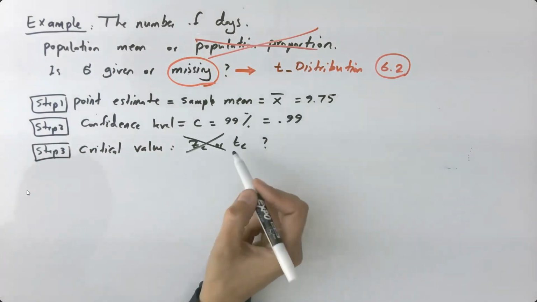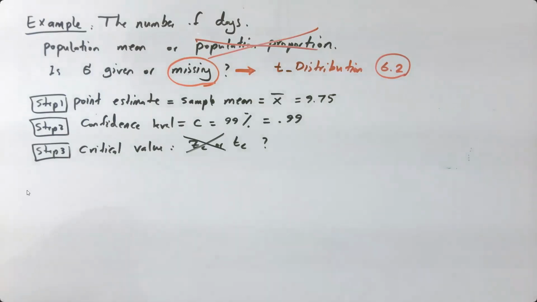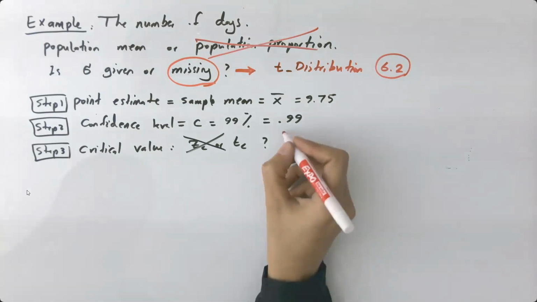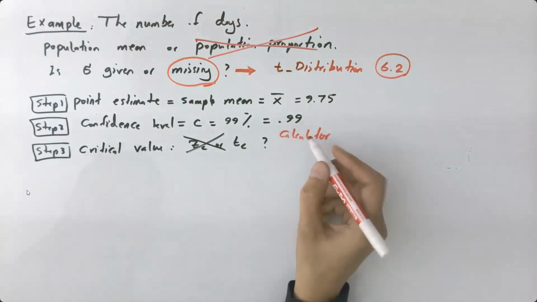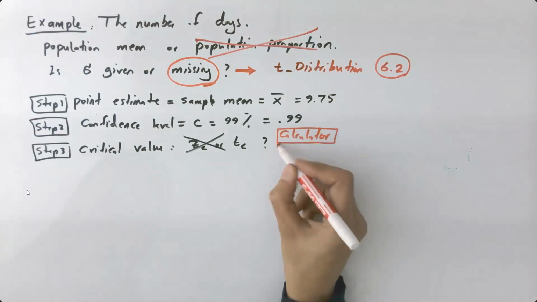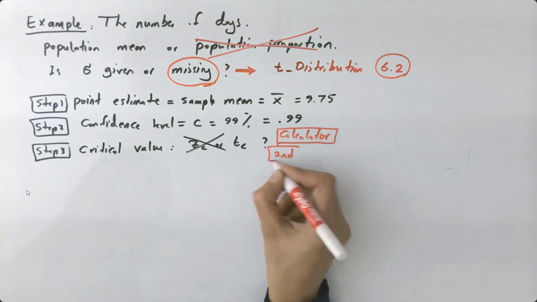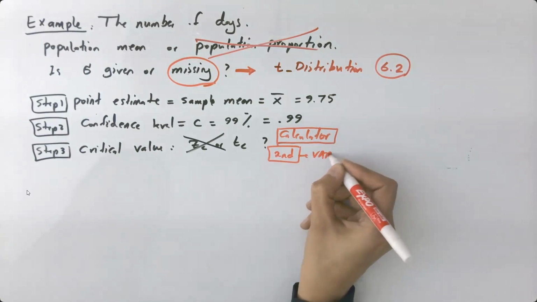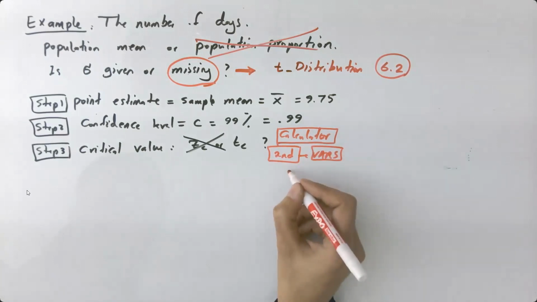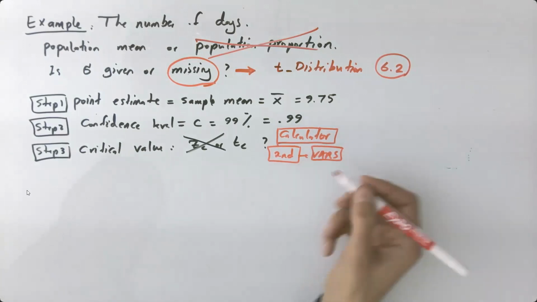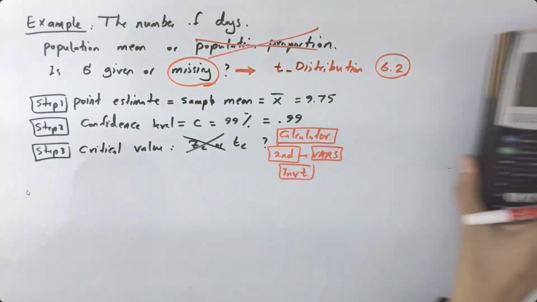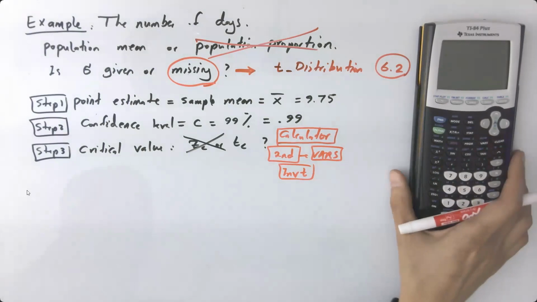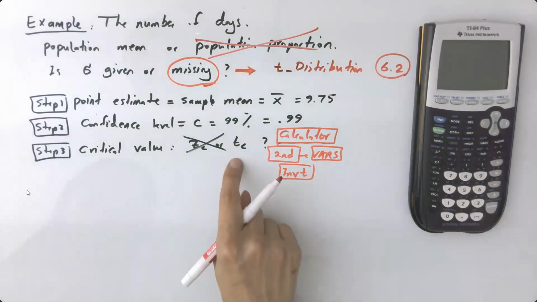T-distribution, critical value, T sub C. How do I find it? If you're using your calculator, for TI 84, go to second, go to vars and find inverse T. Okay, inverse T. Let's go there and see how we can calculate this critical value.